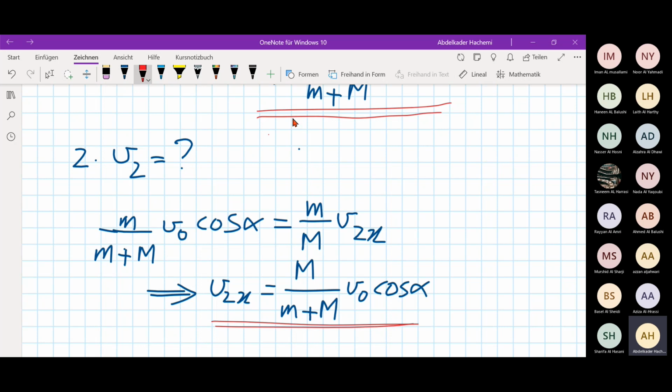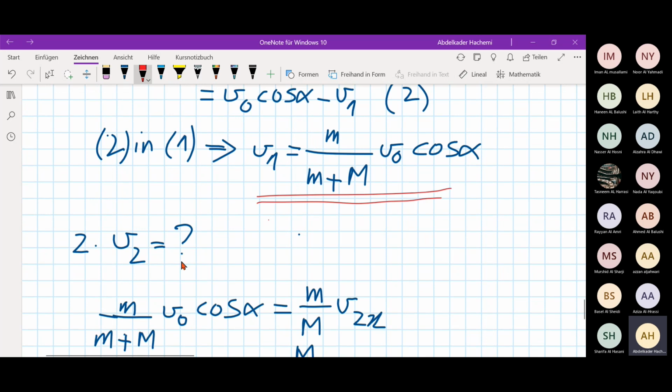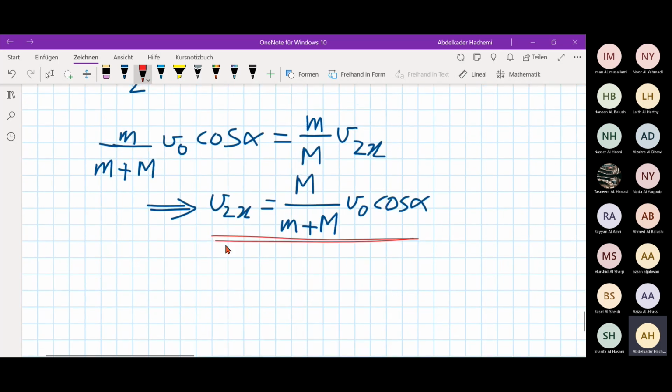This is the component of V2 in x direction.